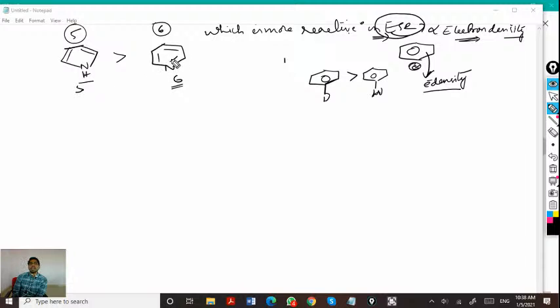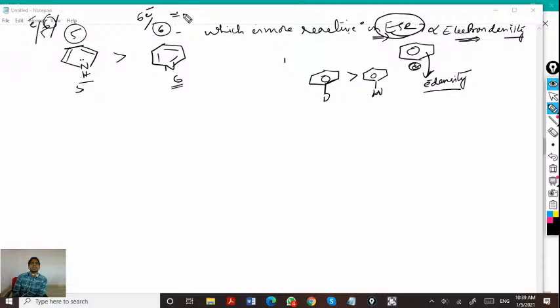But the pi electrons in this ring are 6. So 2 from this, 2 from this, 2 from this. So this is 6 electrons per 5 atoms, and this is 6 electrons per 6 atoms.